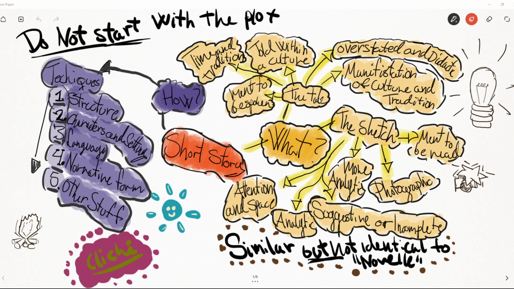So, we'll start off with the tale. A tale is a manifestation of culture and tradition. So, a tale is deeply rooted in the culture of people. Usually, it's something that old people tell young people around the campfire, and it's quite simple.